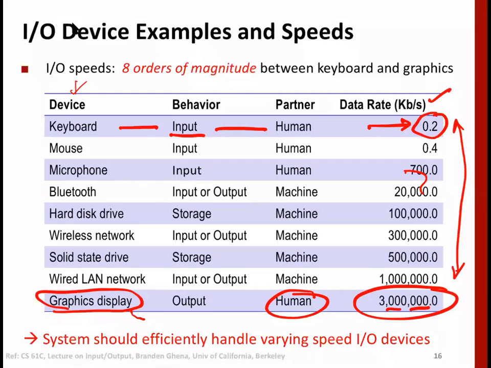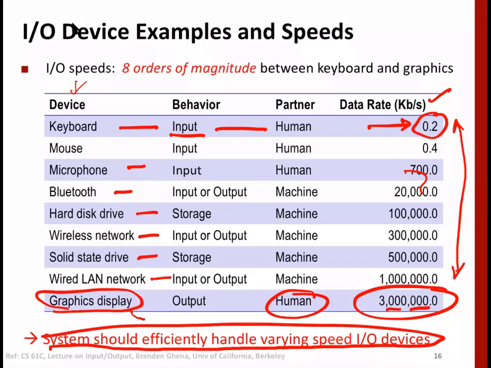In between we can see a microphone, Bluetooth, hard disk drive, wireless network, solid state drive, and wired LAN. So the speed varies. The IO system should be able to handle this kind of variable speed very efficiently. As we mentioned, the speed can differ by a significant order of magnitude. Any question up to this point?